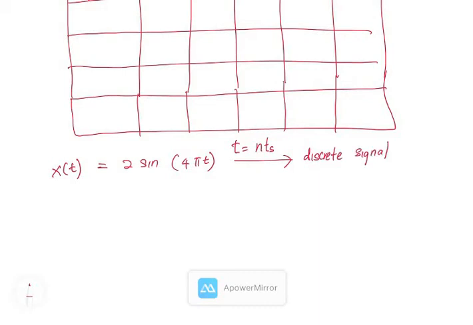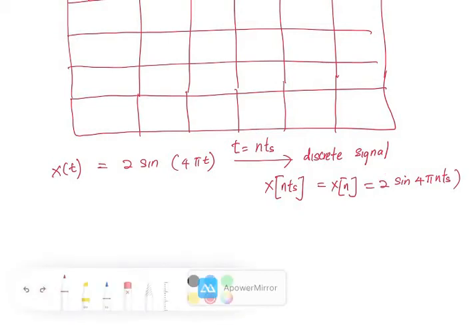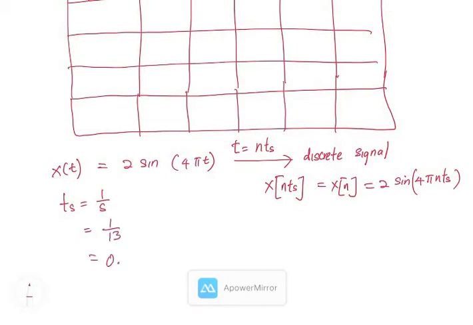Therefore x(nTs) equals x[n] equals 2 sine 4 pi nTs. What is Ts? Ts is 1 over fs, where fs is the sampling rate. This is given from the question as 13. So this will equal 0.0769. I use 4 decimal places.